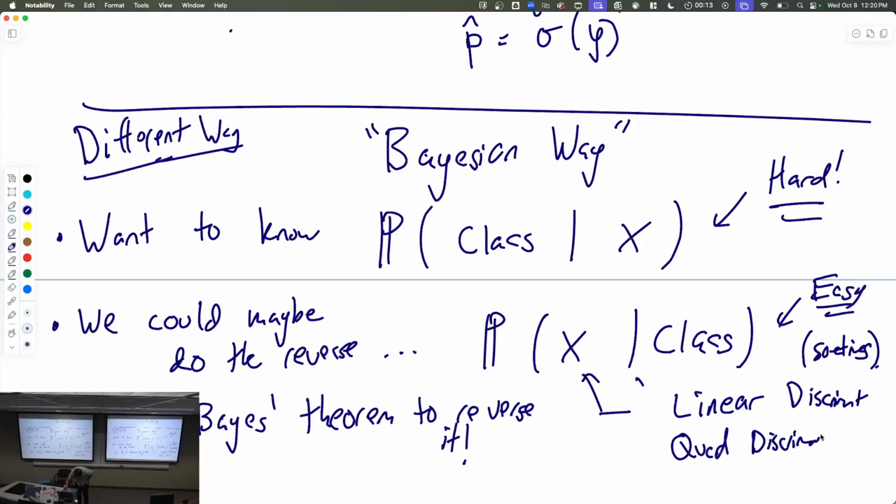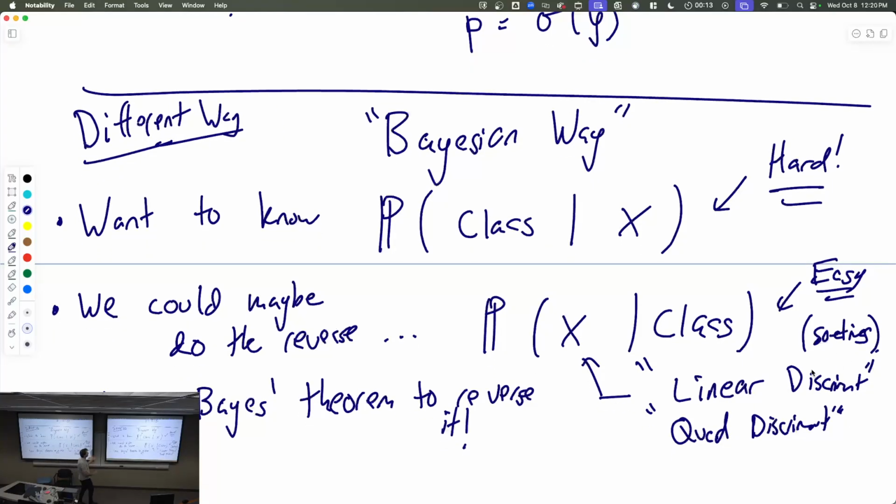These are all different methods for estimating this probability of X given the class. And they all fit under the umbrella of Bayesian methods, which say, first you estimate this, and then you convert that into the thing you actually want. That is a little bit different than what we did before. What we did before was all likelihood-based, so we never got into this conversation. We were just maximizing the likelihood. And now we're doing this second problem. That's the high-level idea.